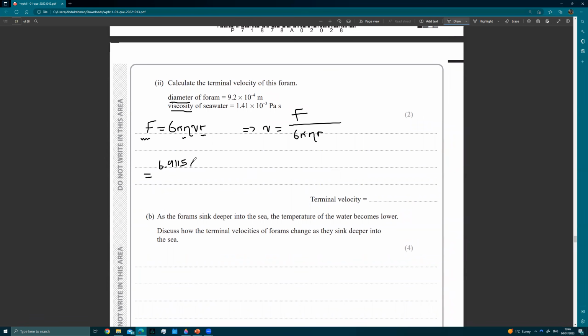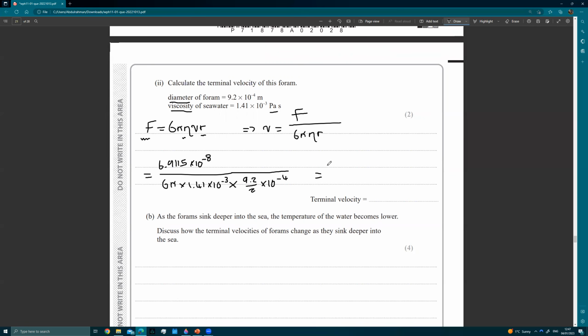6.9115 times 10 to the minus 8 over 6 pi. Viscosity is in Pascal seconds, so I don't have to convert. 1.41 times 10 to the minus 3. And then the diameter is also in meters. So I'm going to have to do radius is diameter over 2. So we do 9.2 over 2 multiplied by 10 to the minus 4.